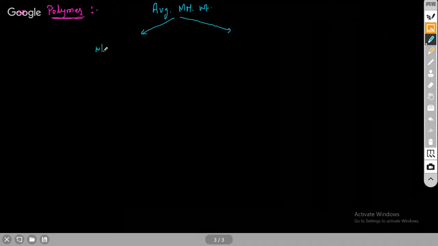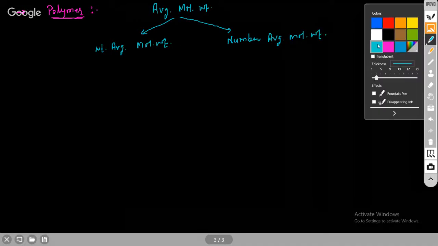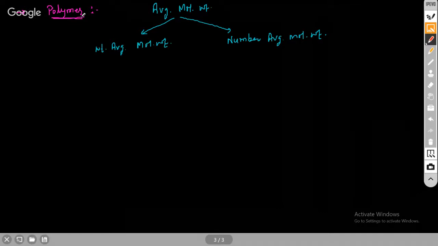One is weight average. You copy down this, all of you. Weight average molecular weight, which has been asked in that question. And the other one is number average molecular weight.